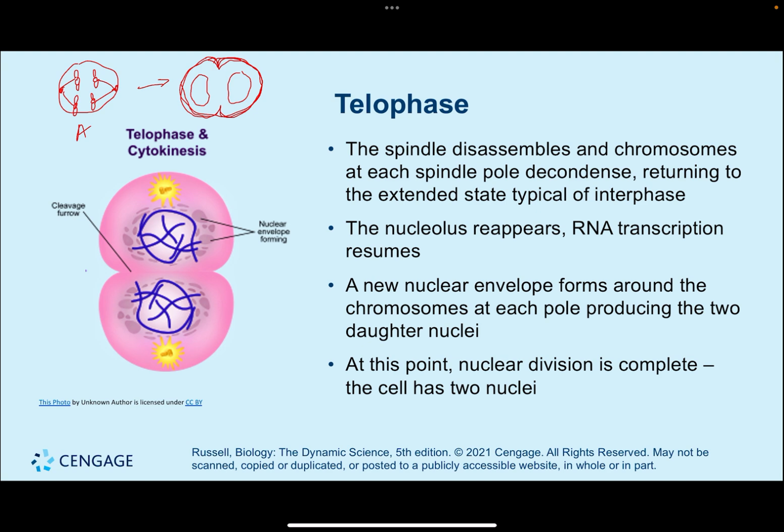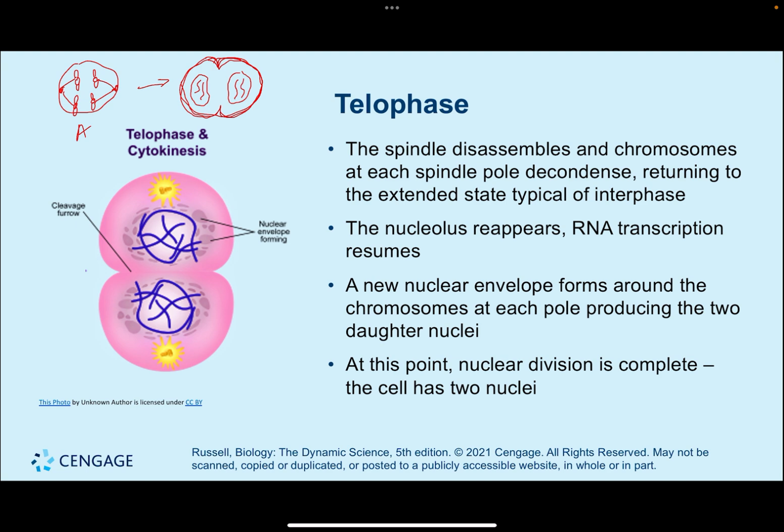And according to the earlier description, chromosomes at each spindle pole decondense, that means from being a chromosome, they will go back to becoming a chromatin fiber or chromatin. So again, they will become like these long things.